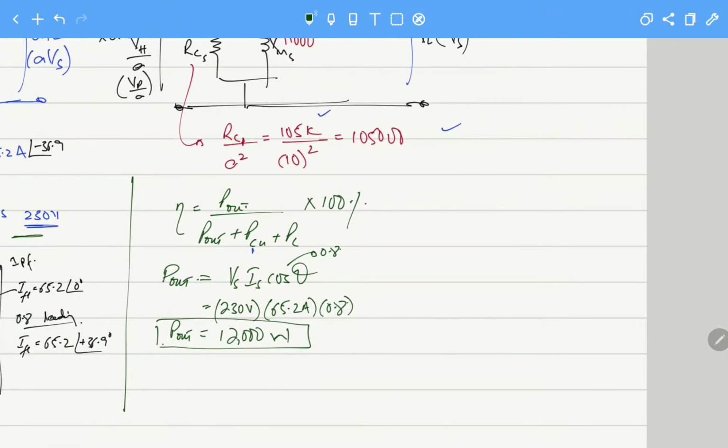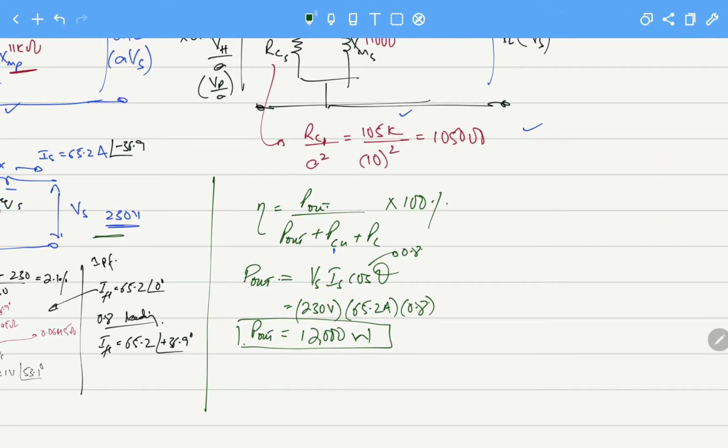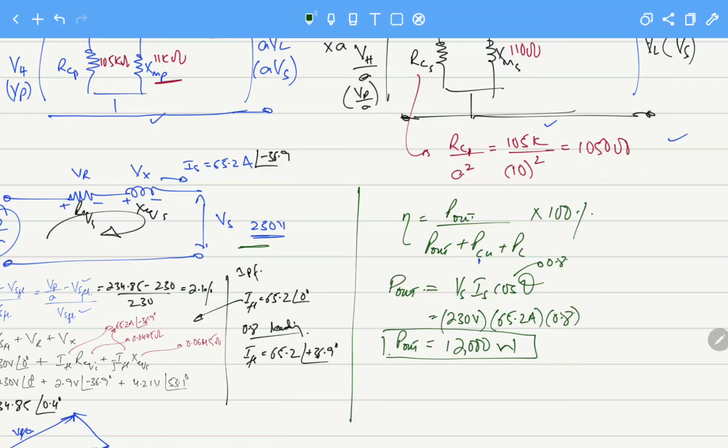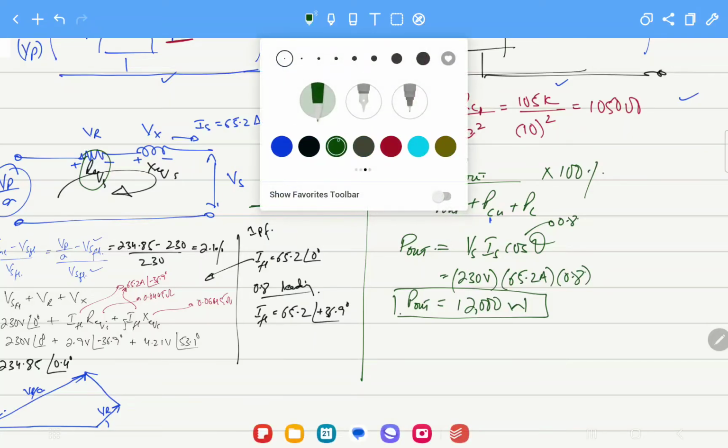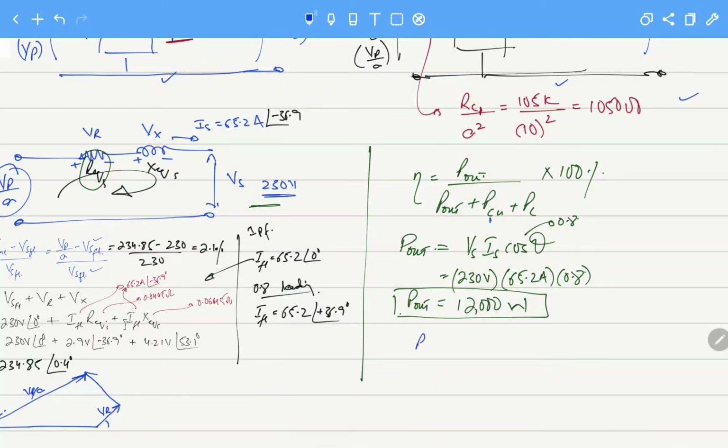Now to calculate the copper losses, we know the value of R equivalent. We know the value of the current. So we can calculate copper losses here. This will be Is square into R equivalent, and this is actually 65.2 square into R equivalent.